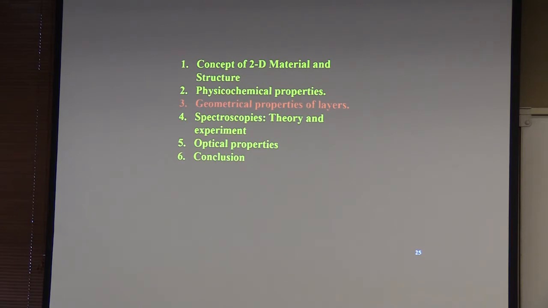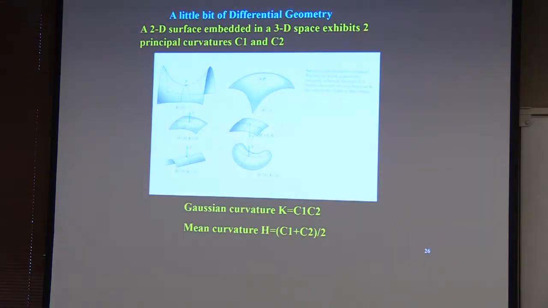Because you, as a physicist or material scientist, the first important thing you need to do before calculating is your structure, x, y, z coordinates, right? So understanding geometrical properties is important to get these x, y, z coordinates.